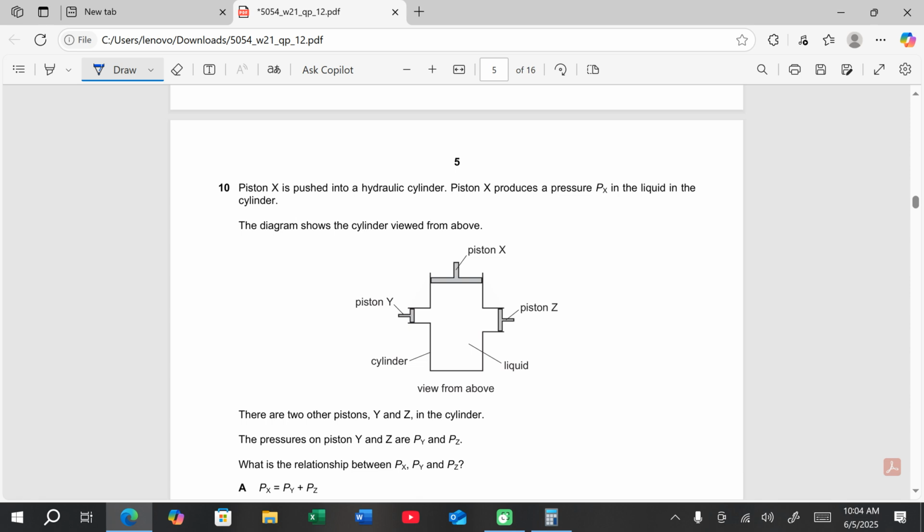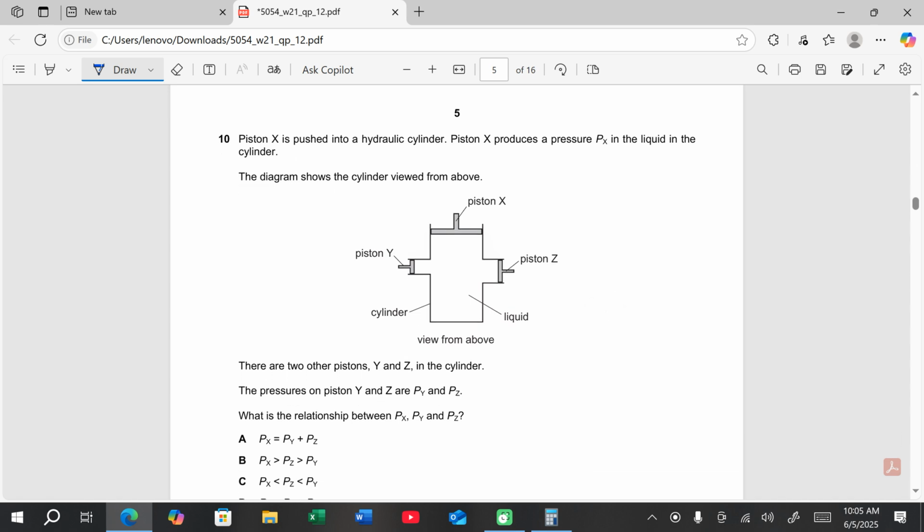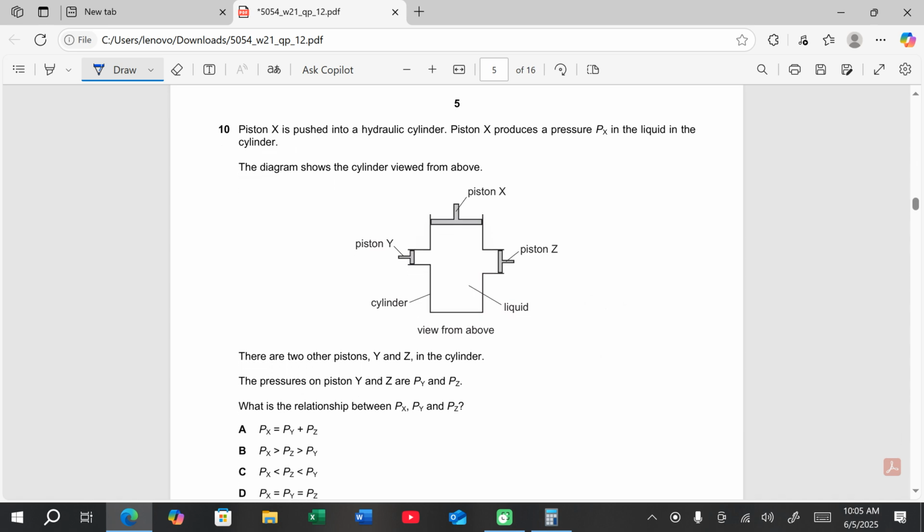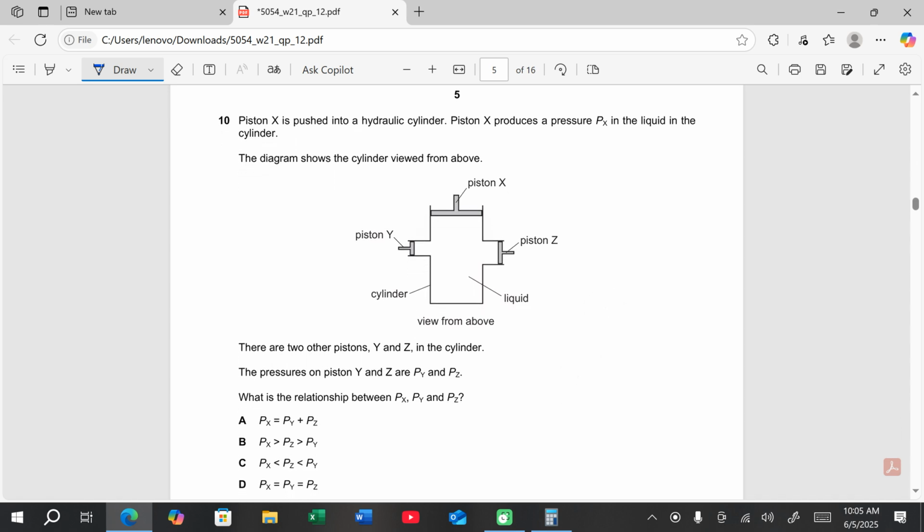Piston X is pushed in a hydraulic cylinder. Piston X produces a pressure Px. The diagram shows the cylinder viewed from above. There are two other pistons, Y and Z. The pressures in pistons Y and Z are Py and Pz. What is the relationship between Px, Py, Pz?